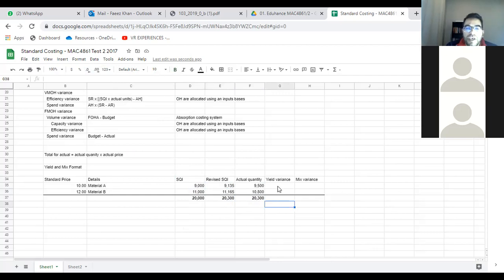And now we can get our yield. Our yield is basically SQI minus revised SQI. And let's see what this is doing. And then over here, the mix is going to be revised minus actual.